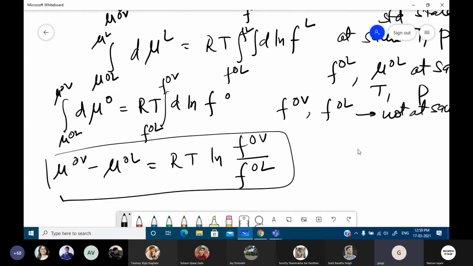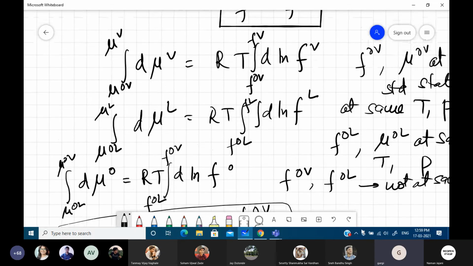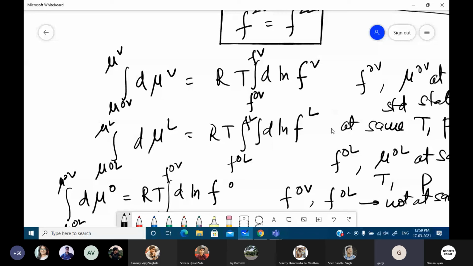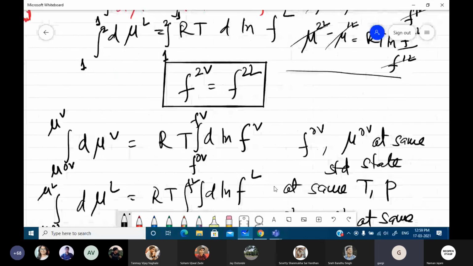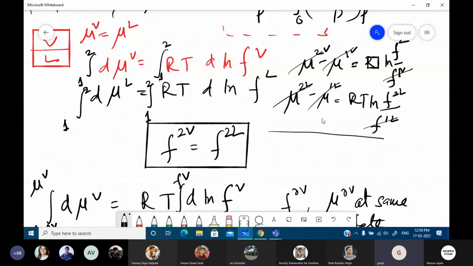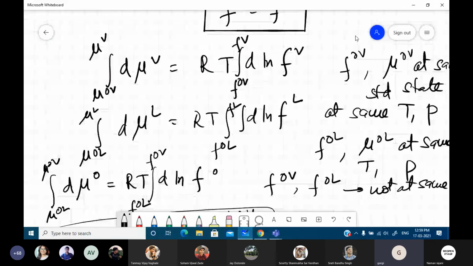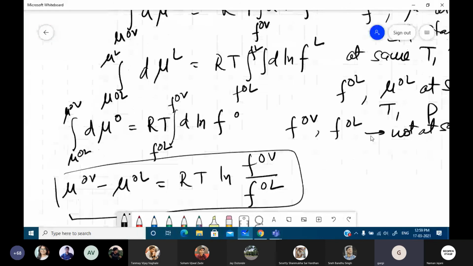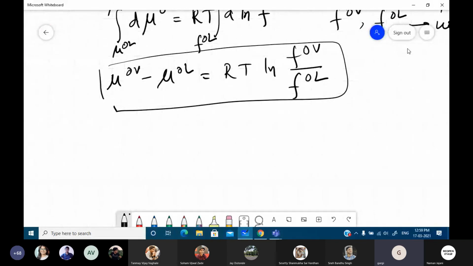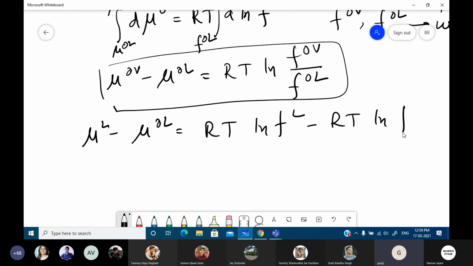Now in the original equation that you had, if you subtract and put this in, I'll just do it for you to show what the original equation was. The original equation was muL minus mu0L equals RT ln FL minus RT ln F0L.